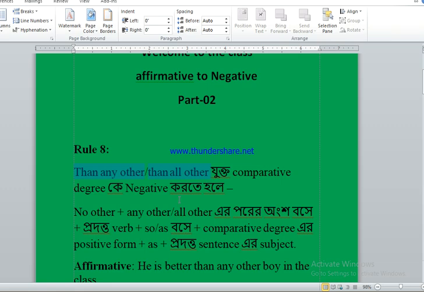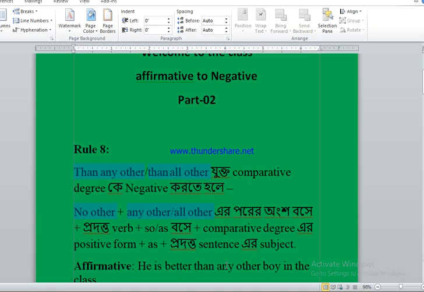If you see "than any other" or "than all others" in a comparative degree sentence, you will turn the comparative degree into a negative sentence this way. At the very beginning you will use "no other" plus "any other" or "all others".